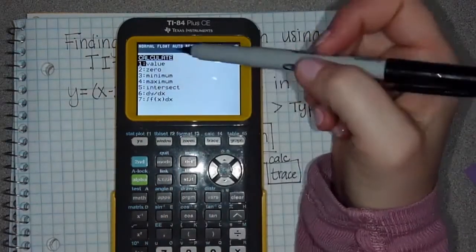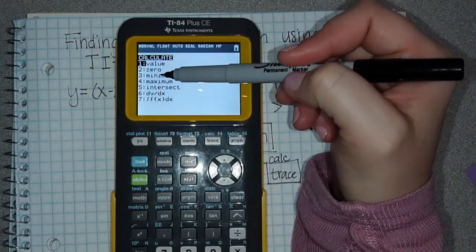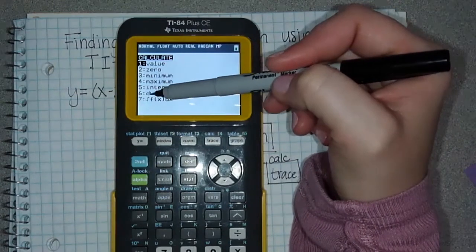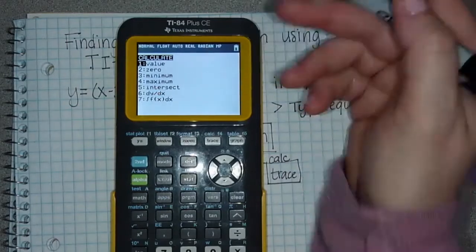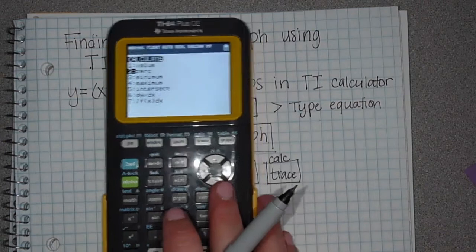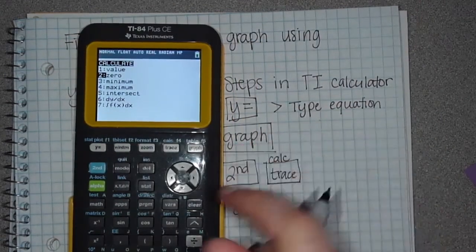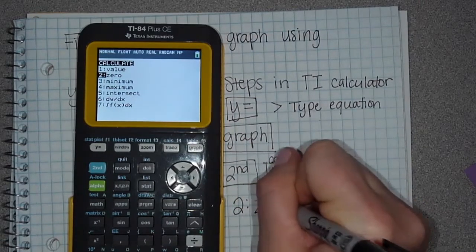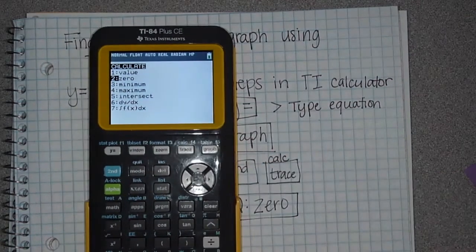Notice the options it gives you: value, zero, minimum, maximum, intersect, dy/dx, which is just delta y over delta x, which is just slope. But we're going to go to the option zero. You can either hit number 2 or go down to number 2 and hit enter. So we're going to go to 2, which says zero, and hit enter.